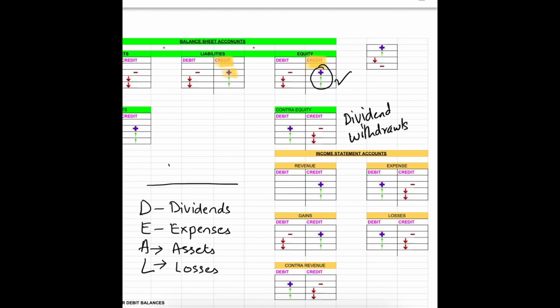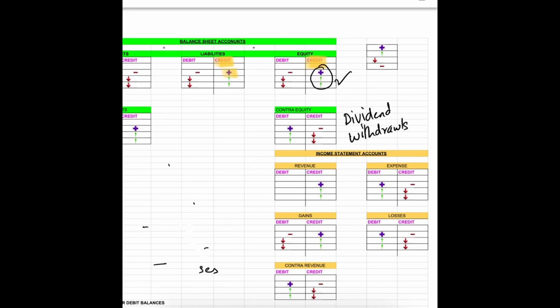Okay. Let's look at the second mnemonic. The second mnemonic is for the accounts that will have increases on the credit side.